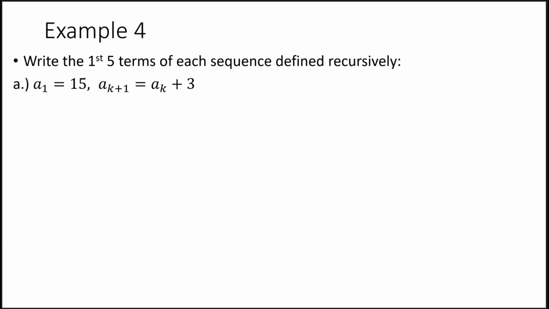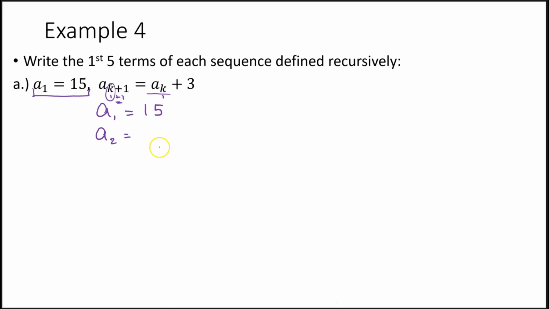So we're going to go ahead and find the first 5 terms of each sequence. I'll do a couple and I'll have you finish that up. Again, like I said, we always have to have the first term given to us. So a sub 1 is given. a sub 1 is 15. Well, if I want to find a sub 2, I have to use the previous number. 1 plus 1 is 2, so k is equal to 1.